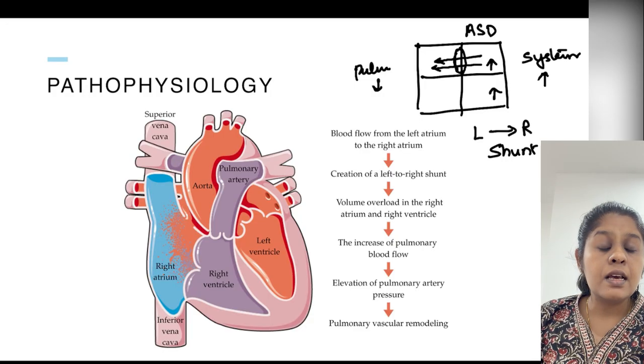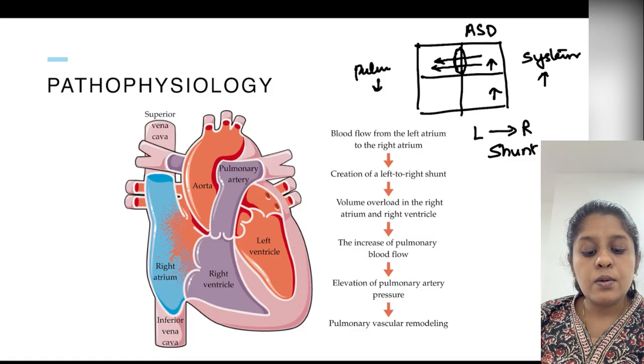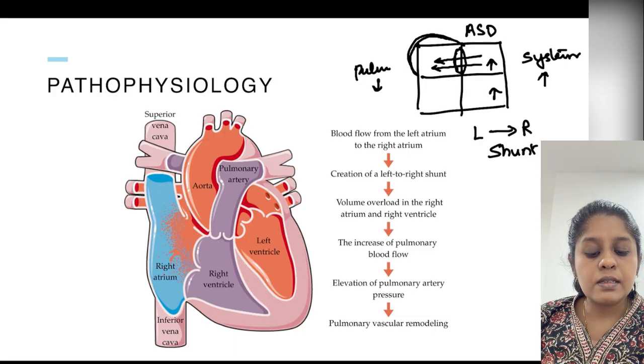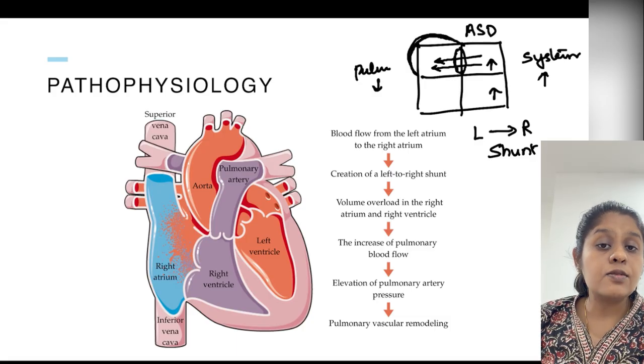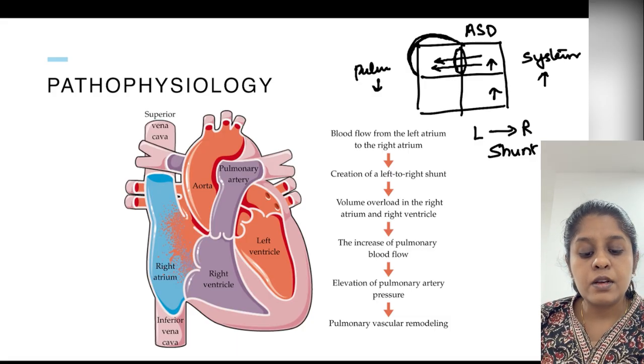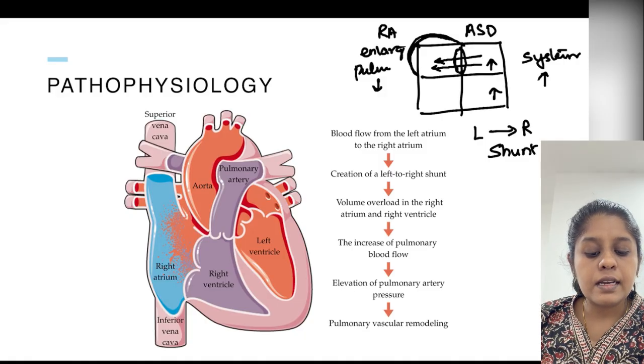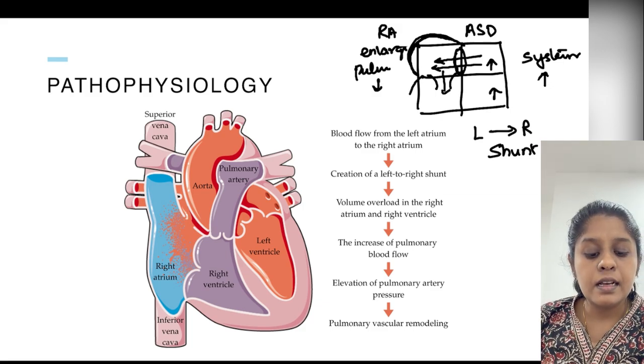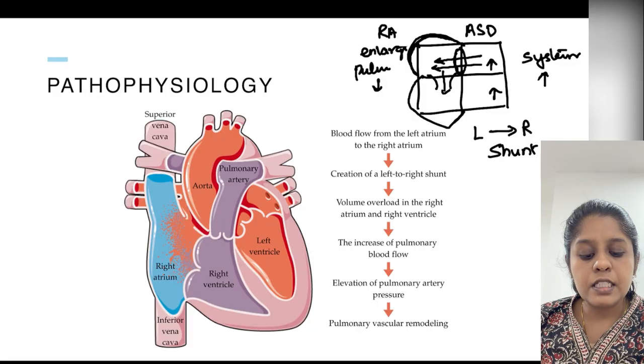When this becomes more severe, there will be RA enlargement because of the excessive blood flowing to the right atrium. Because of the RA enlargement, blood will overflow through the tricuspid valve and reach the right ventricle, causing RV enlargement.